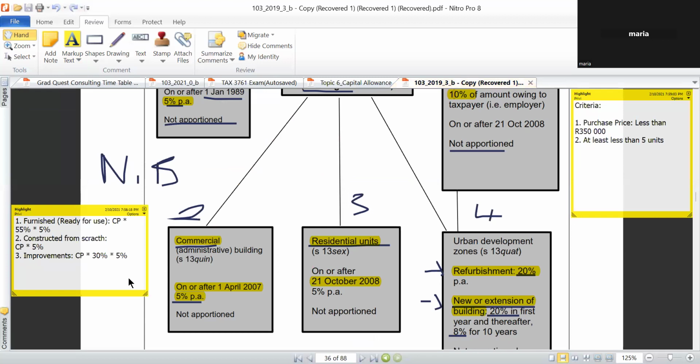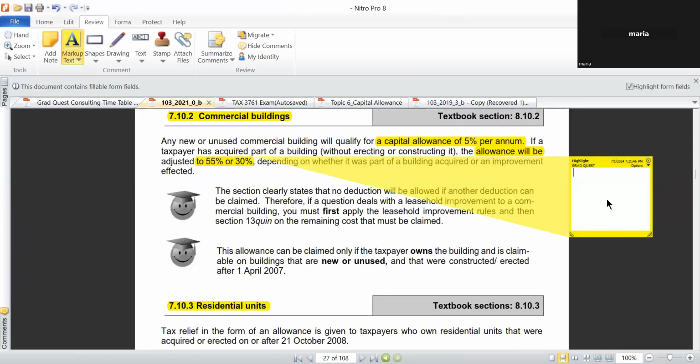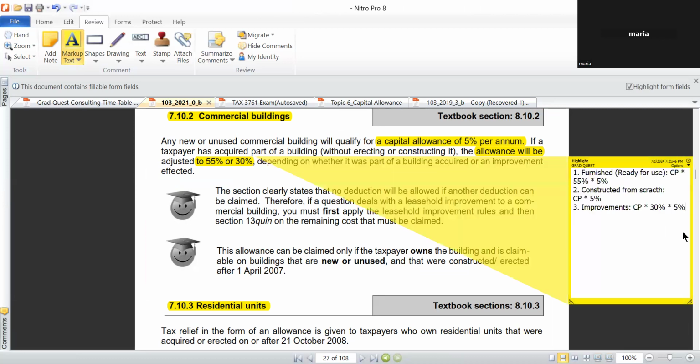That's why you see me navigating you back to Tax 2601, so that you can see how these things connect. So you need this summary concerning the commercial building. Please don't forget this summary.